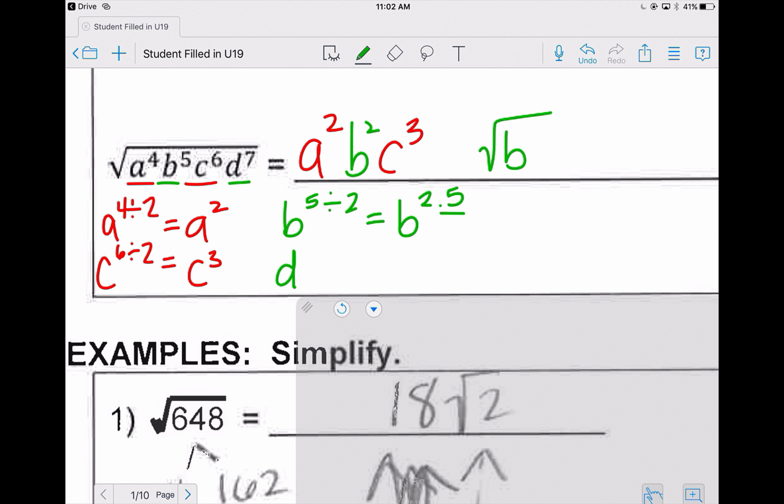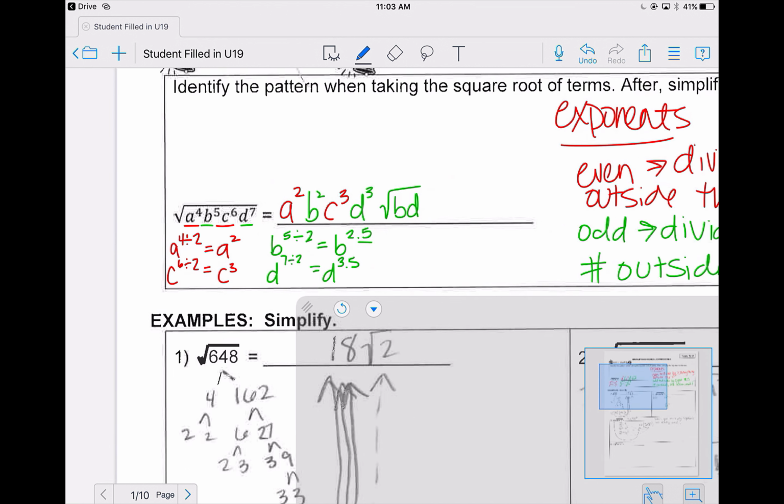D is odd. So we take 7 divided by 2 and get 3.5. The 3 goes outside. 0.5 tells me I leave 1 inside. So that is reviewing our rules for simplifying square roots with letters.